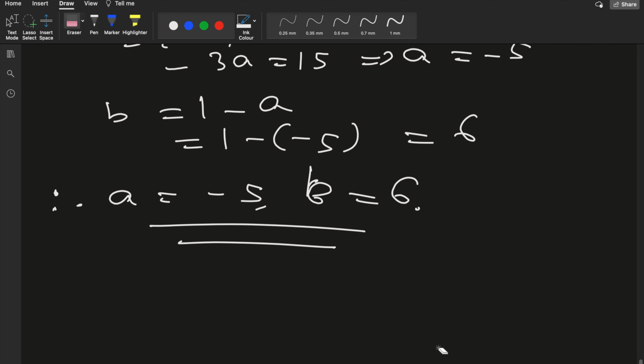So now let's actually divide the polynomial by the two divisors to make sure that we got the right values of a and b. So let's do that.